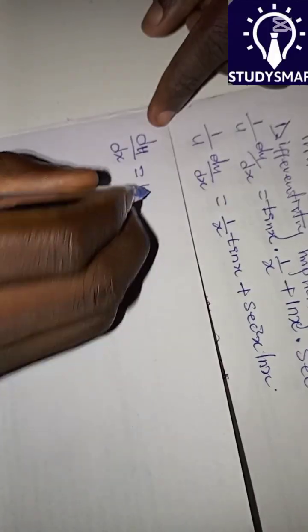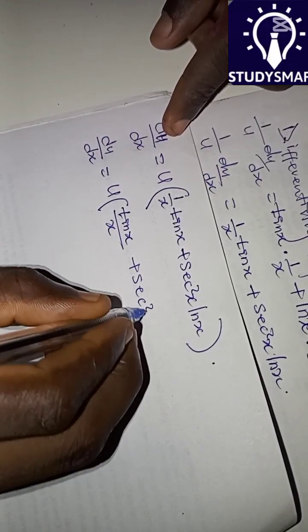In making du dx the subject of the formula, we'll have du over dx equal to u into 1 over x tan x plus sec squared x ln x, which is the same thing as du over dx equal to u into tan x over x plus sec squared x ln x.